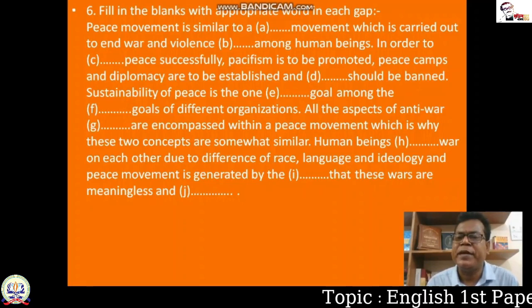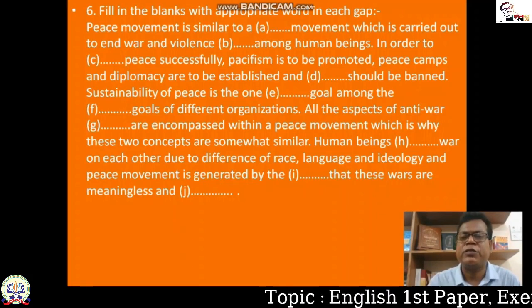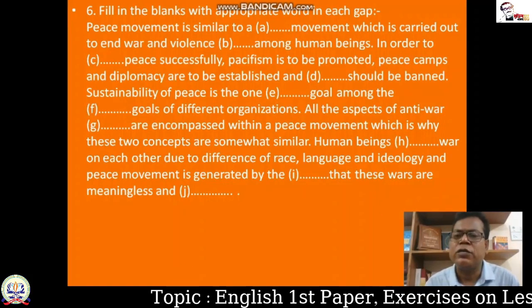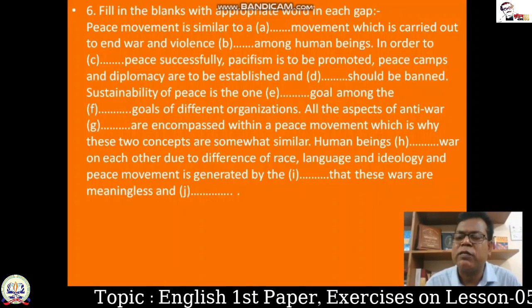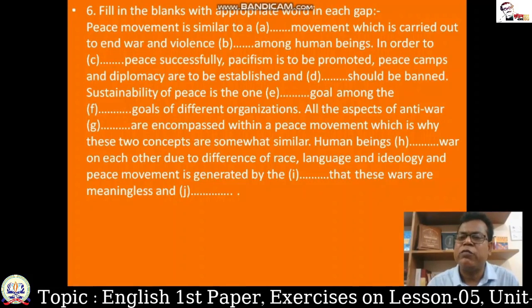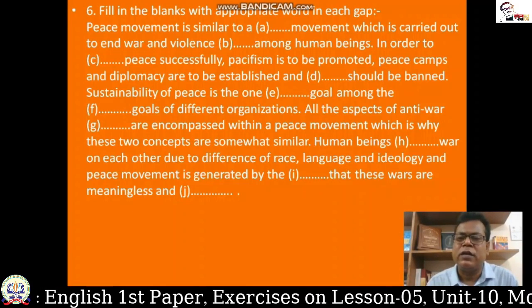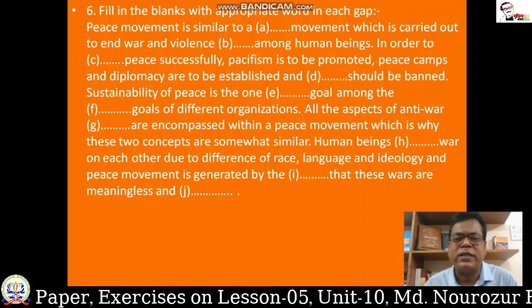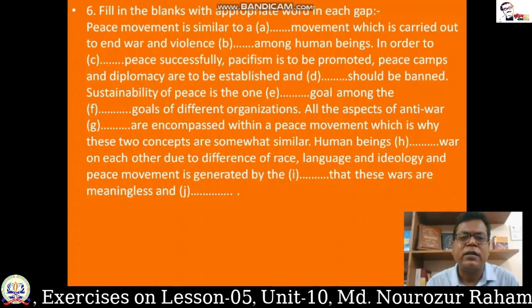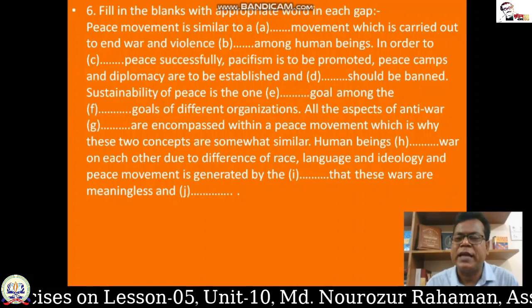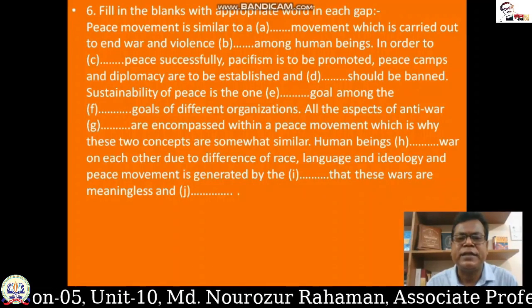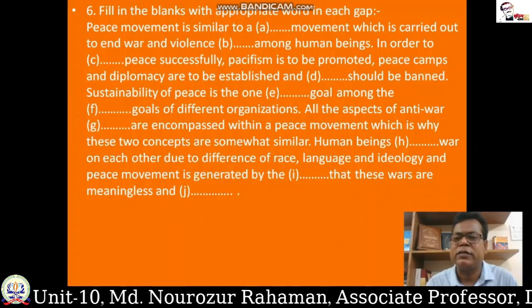Next, human beings dash war. According to the text, we know that human beings wage war, create war. So human beings wage war, or you can use make war or create war. Wage will be the appropriate word for blank H on each other due to difference of race, language, and ideology. And peace movement is generated by the dash.